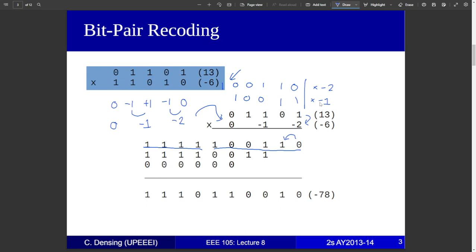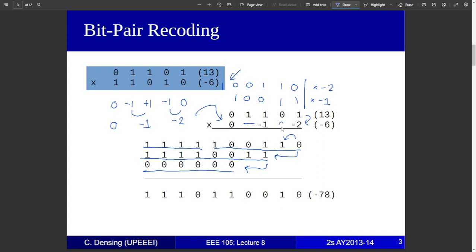Next, the partial product is a negative 1. So you don't shift, but you still use the negative version of the multiplicand. And then you have a 0 partial product. And note that for bit pair recoding, you have shifts by 2 instead, because the bit pairs are now, well, bit pairs. So there's a blank space over here, so you don't have partial products there.